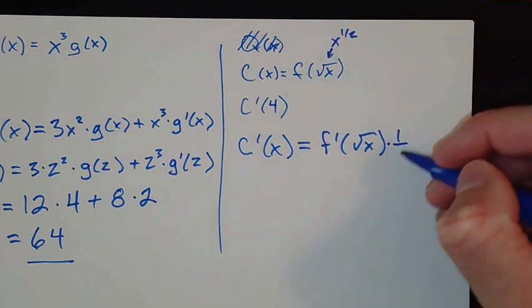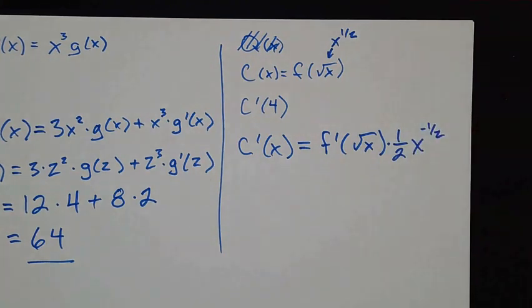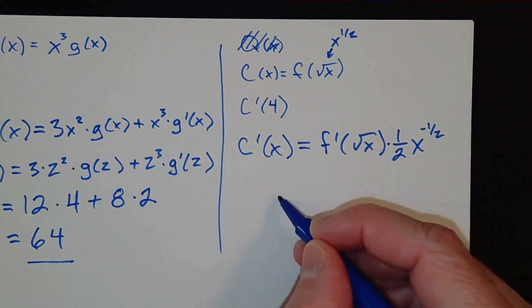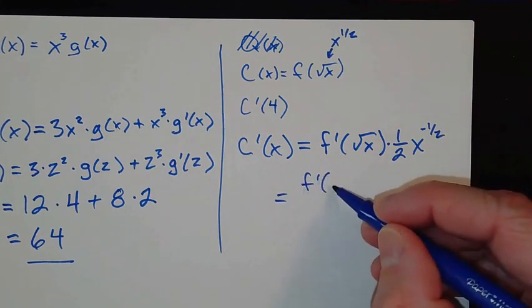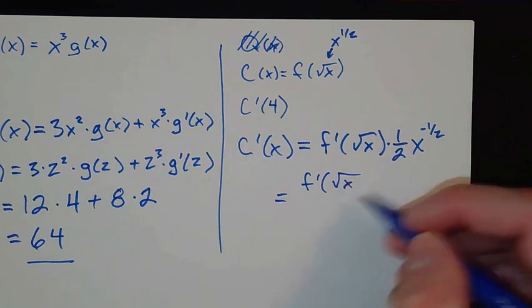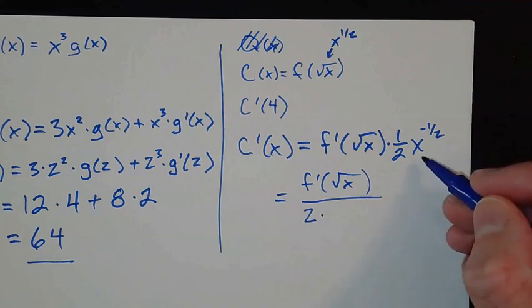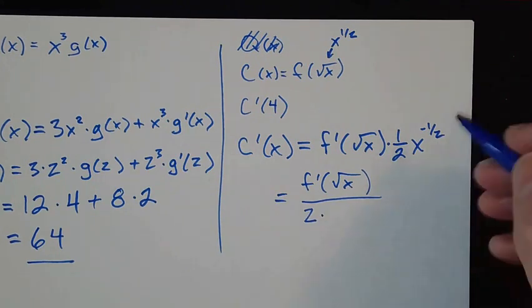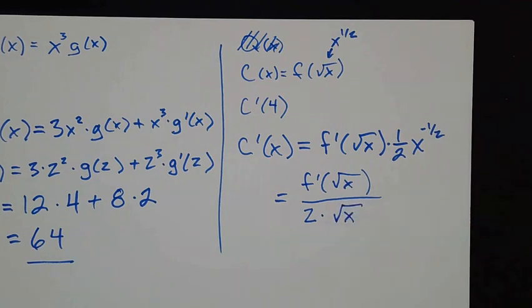So its derivative is 1/2 x to the negative 1/2. And then I'll just rearrange things a little bit. F prime of the square root of x, I've got a 1/2, so I'll throw that 2 to the denominator. I've got x to the negative 1/2. That's 1 over x to the 1/2, or 1 over the square root of x.